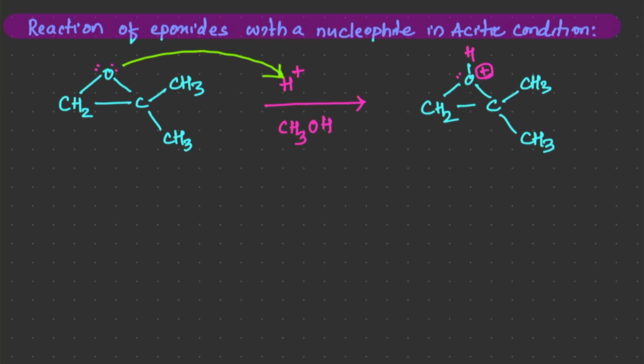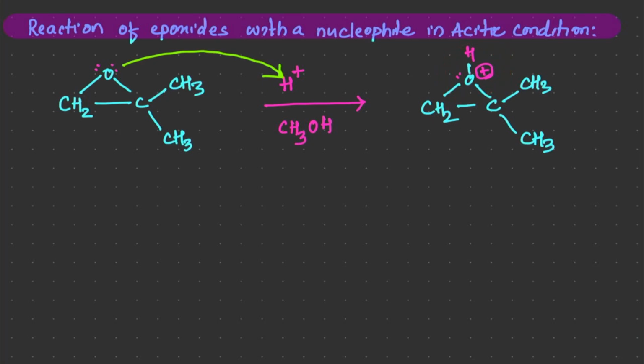Remember, since the epoxide is a 3-membered ring, it is highly strained. The bond angles are highly strained. It wants to pop open. On top of this, you have added a proton, which makes oxygen even more positive. As a result, oxygen at this point wants to break open very badly.